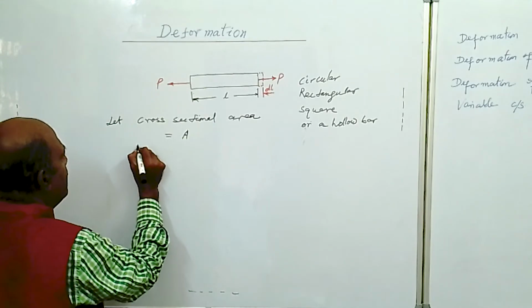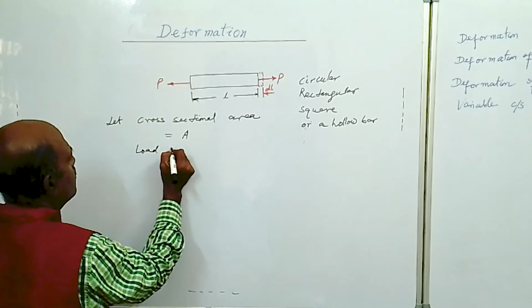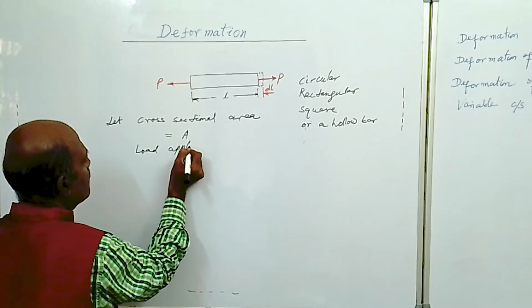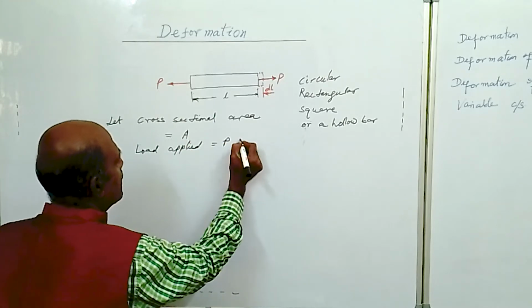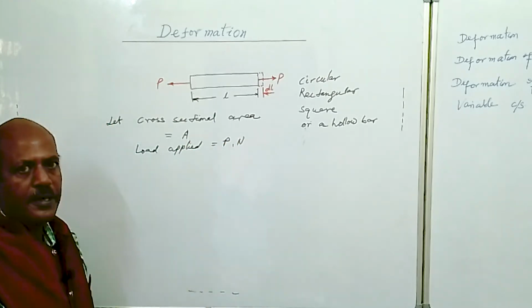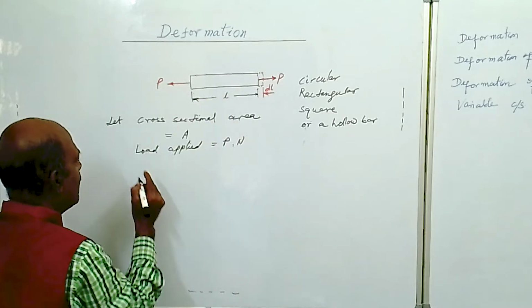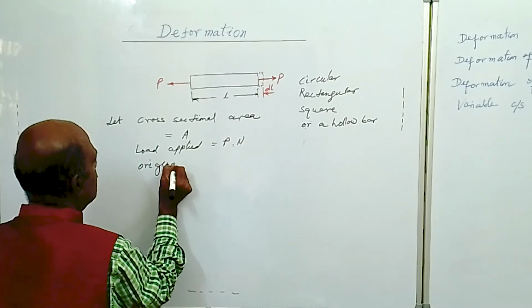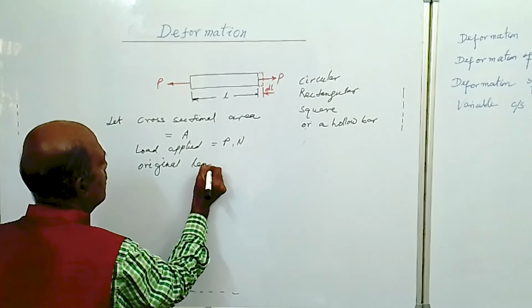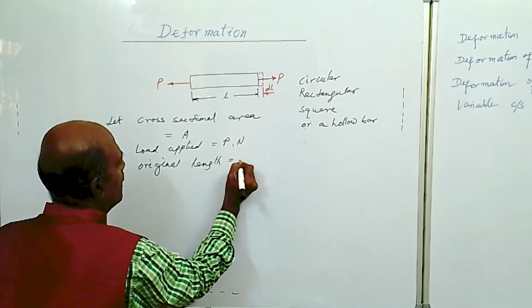Load applied is P, say it is in Newton. Okay, and let the original length of the bar is equal to L.